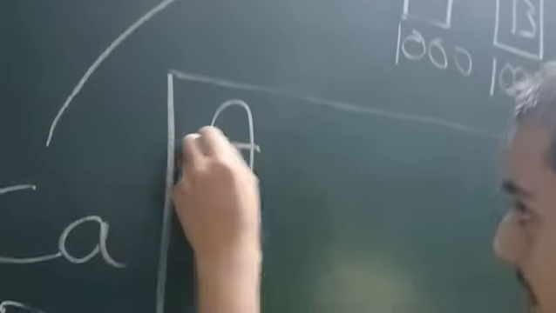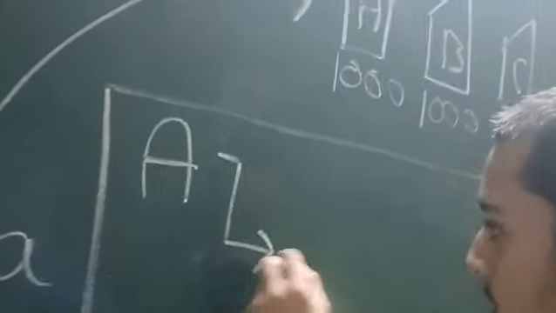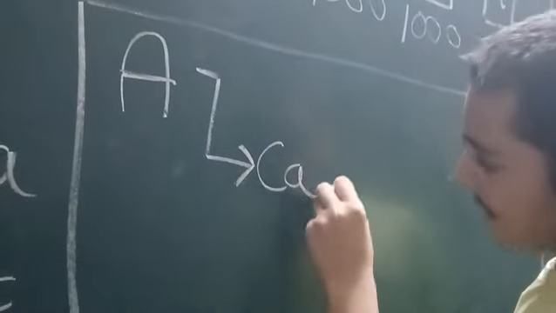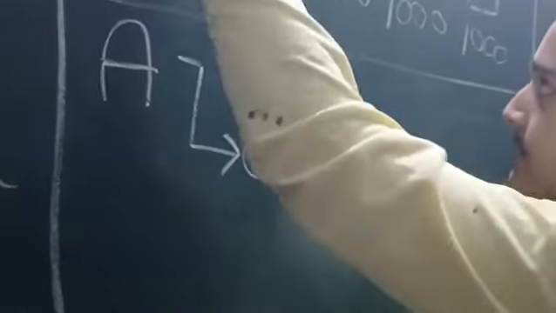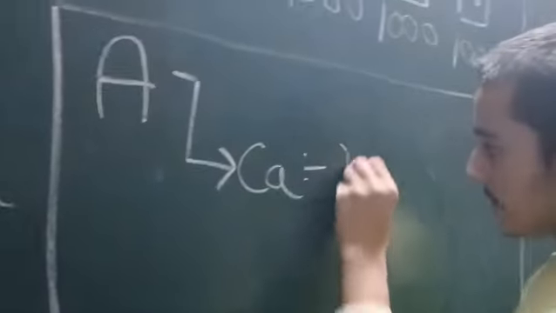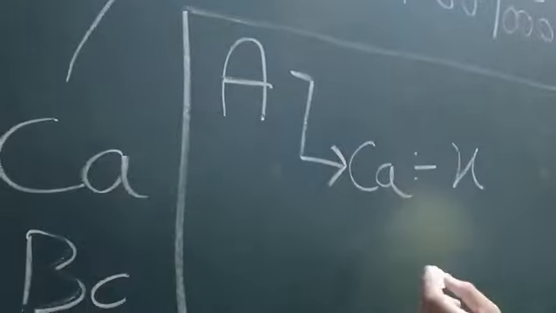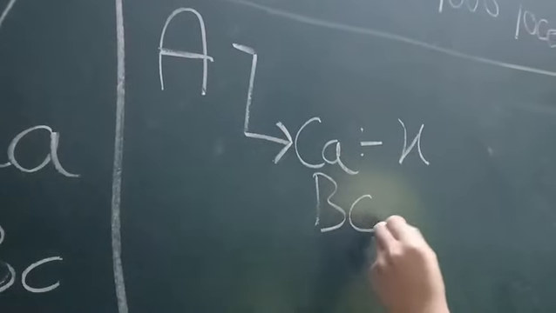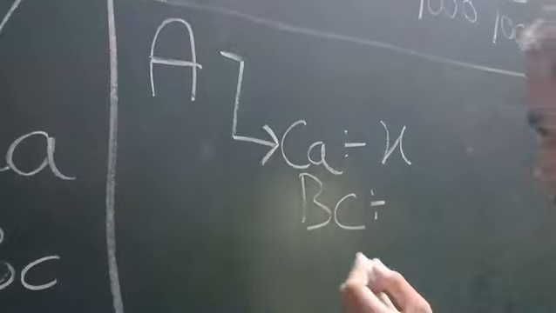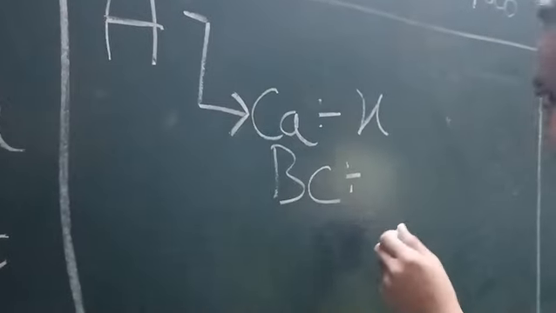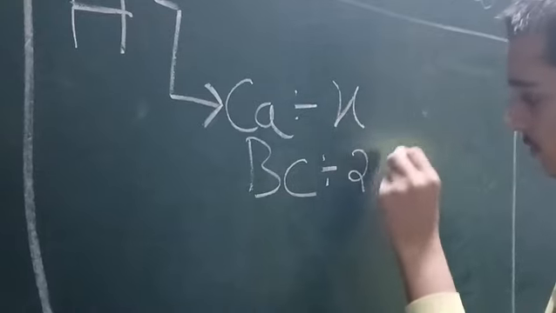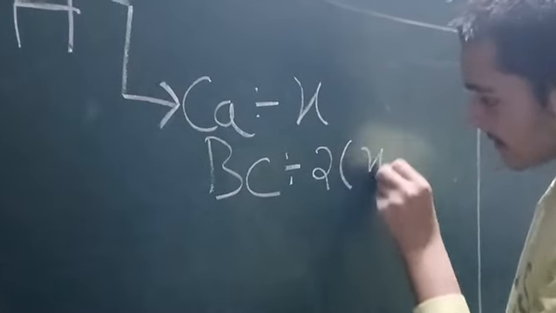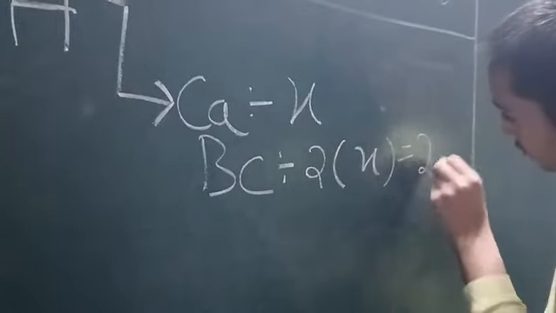So let us solve the question. Now let us start from temple A. Here the value of CA will be X, as he entered with rupees X. Then the value of BC, now we know that the money got doubled, so it will be double of this, which will be 2 into X, which is equal to 2X.